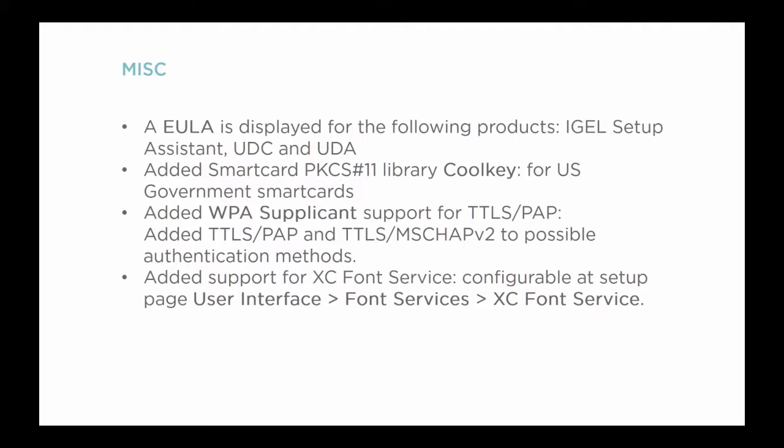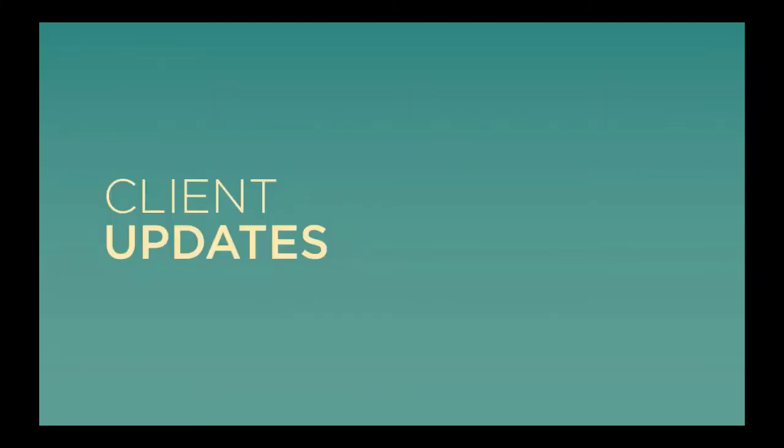The WPA supplicant, the thing that authenticates you against the wireless network, has learned a new method, TTLS-PAP and TTLS-MSCHAPv2. And the X font server is back, because apparently there are people who like it. So much for some software updates.